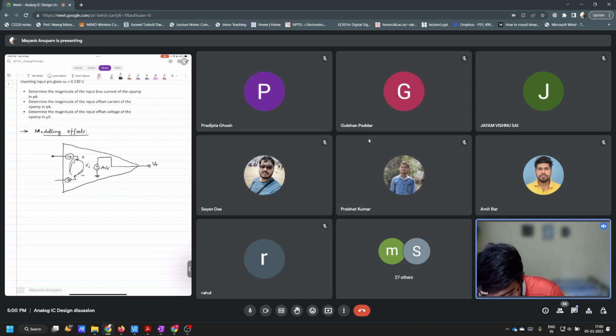This is basically current. This is IP, and let's say this is IN. These two are the offset current, these two are the input currents. This IP and IN are the input bias currents, you can say.